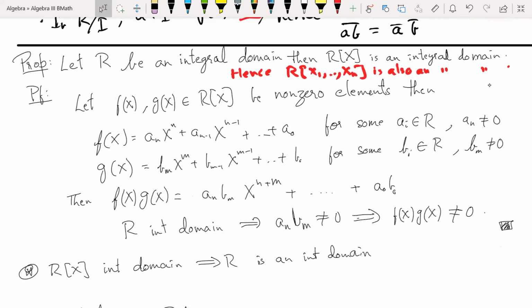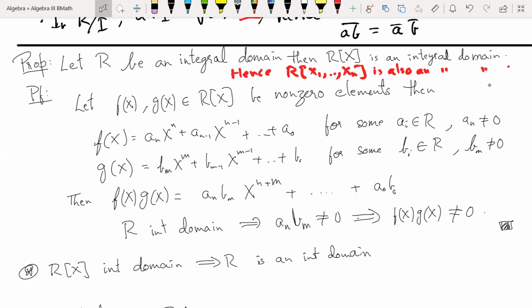If you look at the leading coefficients, their product can't become 0. So let f(x) and g(x) be non-zero elements of R[x]. Then f(x) is something like this: a_n x^n plus a_(n-1) x^(n-1) plus dot dot dot plus a_0, for some a_i in R with a_n not equal to 0. Here n could be 0, in which case it's a non-zero constant.